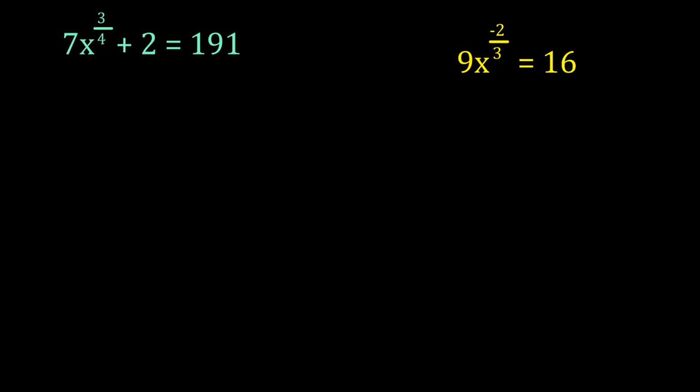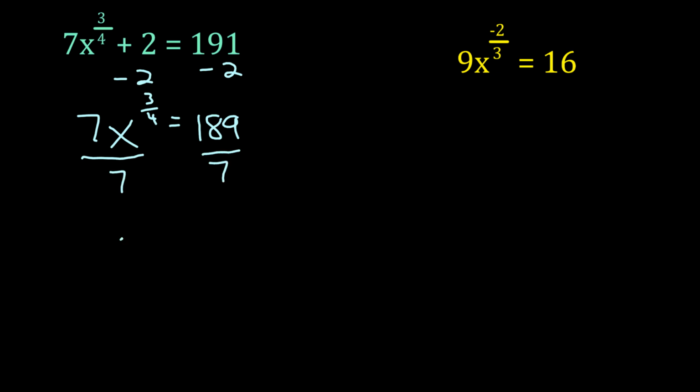Okay, so we've got 2 more to finish up on. They're a little bit more challenging than the first 2. And so the third example here is 7x to the 3/4 plus 2 equals 191. So I'm going to start by subtracting 2. I get 7x to the 3/4 equals 189. And then I'm going to divide by 7.